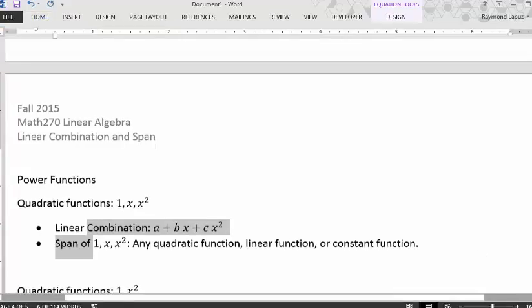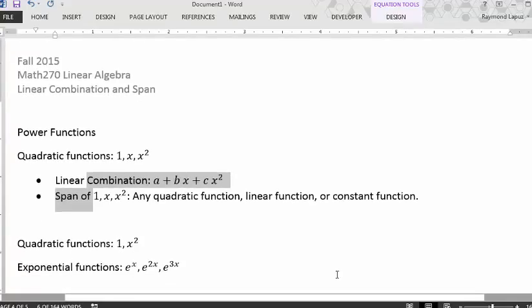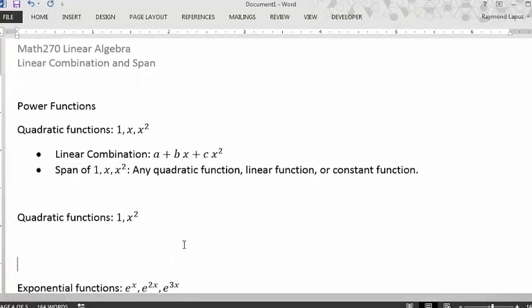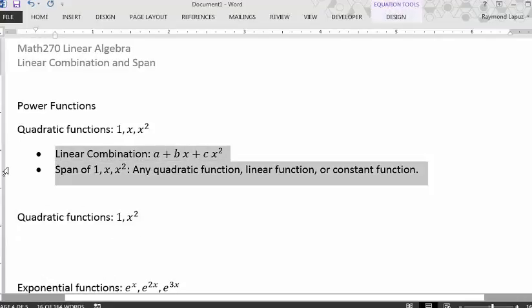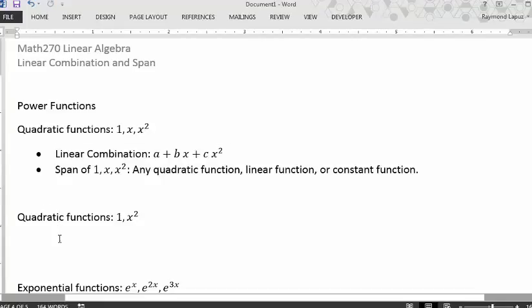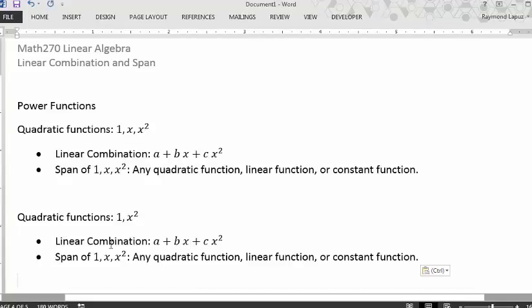Let's take a look at another example. What if instead of this we don't have this b in the middle, or we don't have the x. So this could be a quadratic function, or if c was equal to 0, it would be a constant.